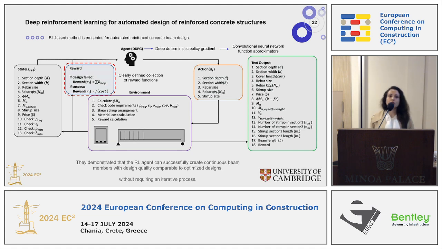They demonstrated that the reinforcement learning agent can successfully create continuous beam members with design quality comparable to optimized design without requiring an iterative process. Also, an important thing is to clearly define the reward function to get the best results.